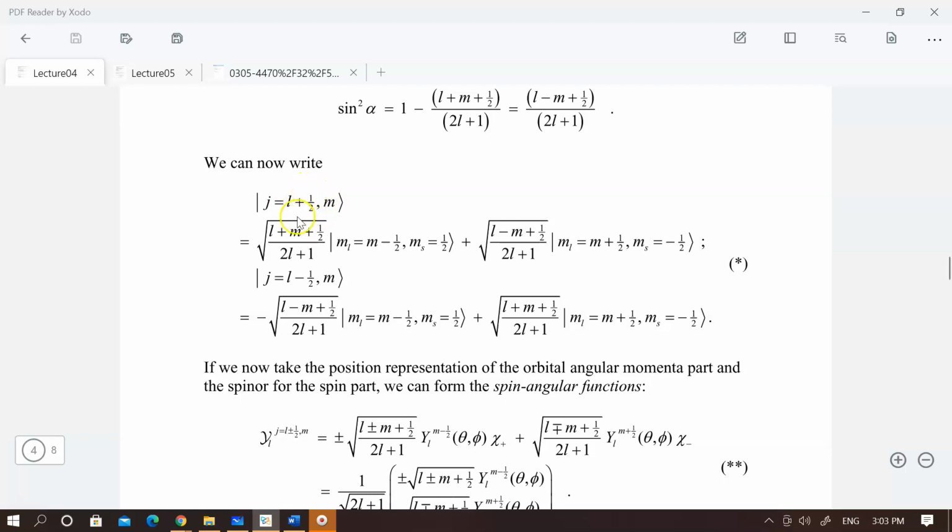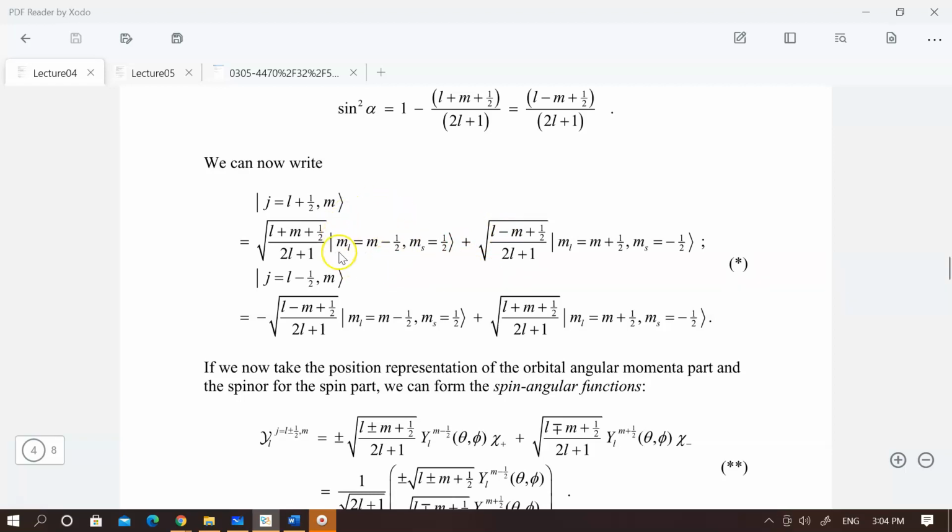Your spin has spin up and spin down, so you have another one over here with L minus a half instead. Essentially these are expressions in terms of the uncoupled representation.